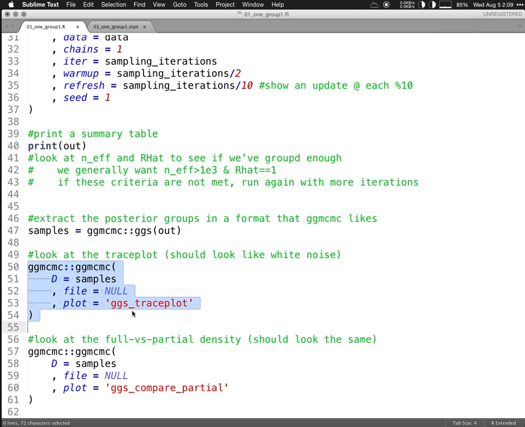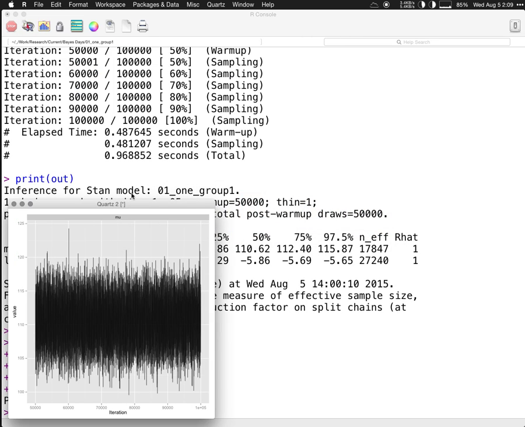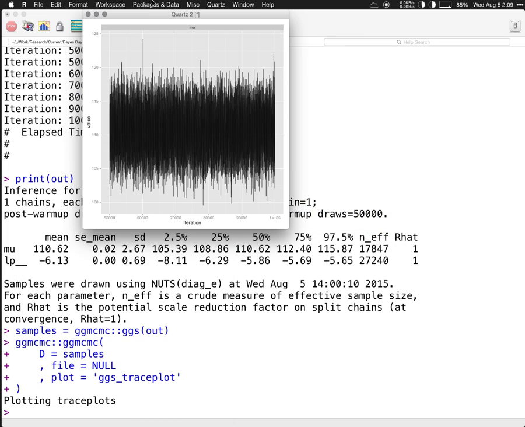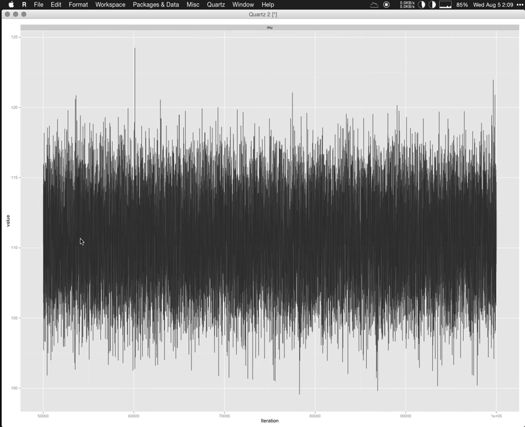One of the plot types that we can look at is the trace plot. This is just, from one sample to the next, what the value of mu was on that sample. So I'll run that. In general, this is showing the samples after warm-up has happened, and you want it to be as random looking as possible.